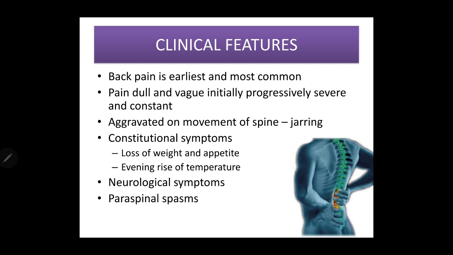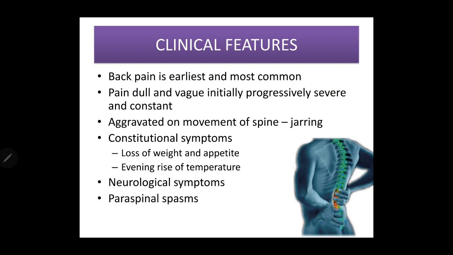And coming to the neurological symptoms, which are very important clinical features in TB spine, a very good clinician usually picks up a myelopathy by an extensor plantar response even before the patient complains of weakness in both limbs.